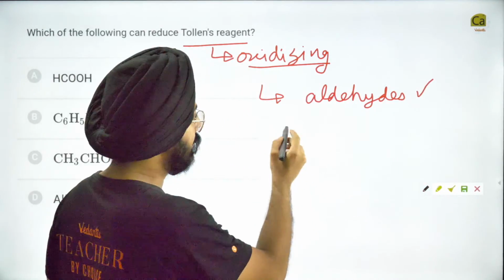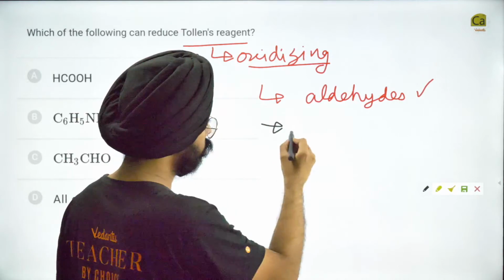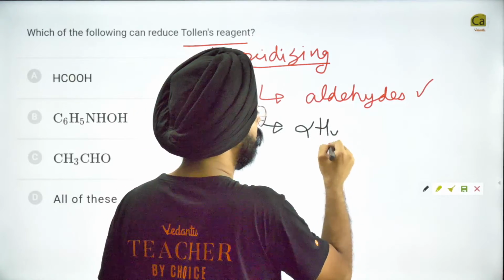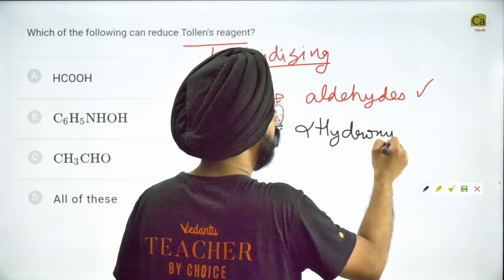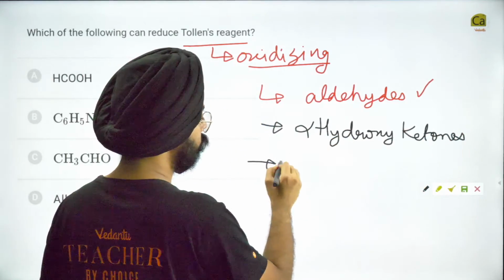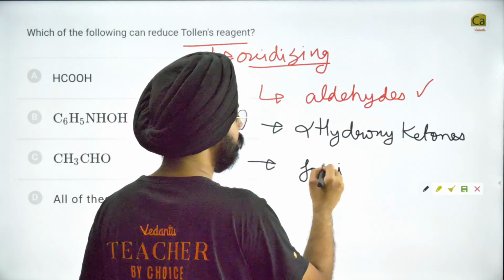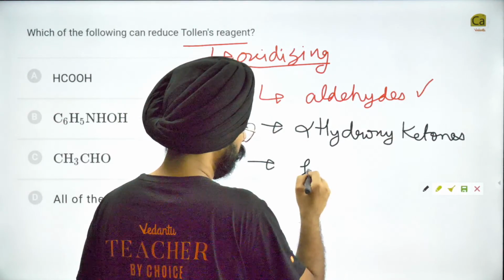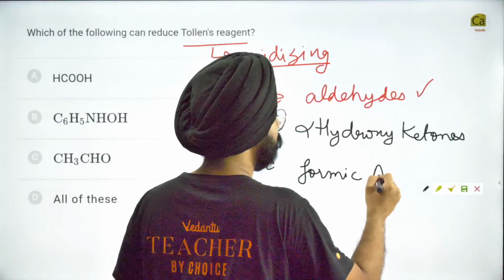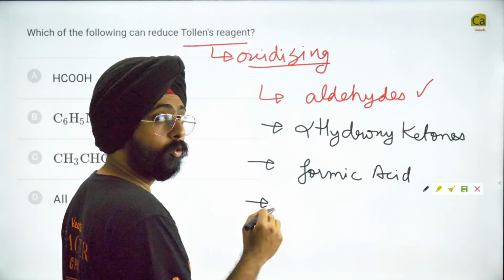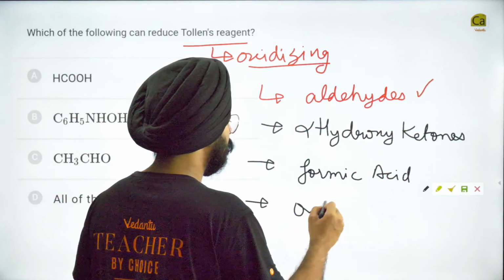Apart from aldehydes, Tollens test can also be used for alpha hydroxyketones. Okay, alpha hydroxyketones. It can also be used for formic acid, and it can also be used for oximes.